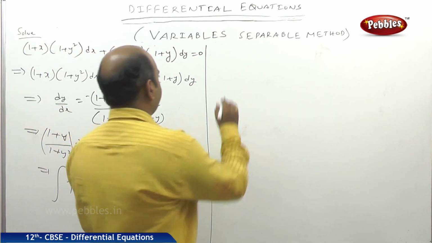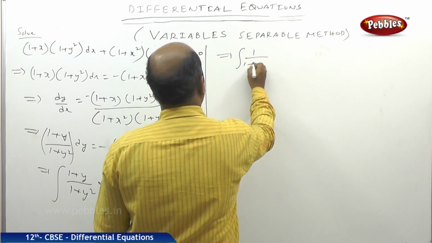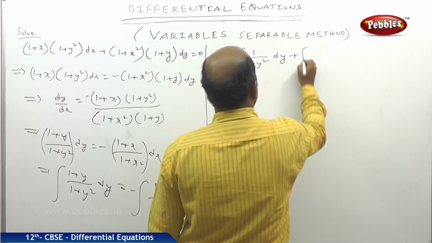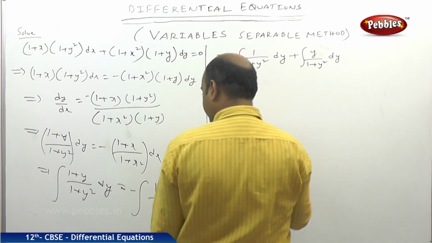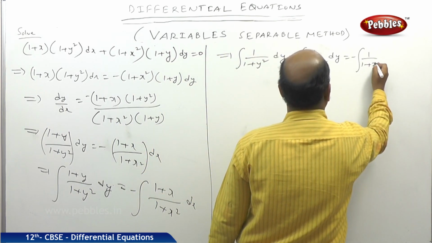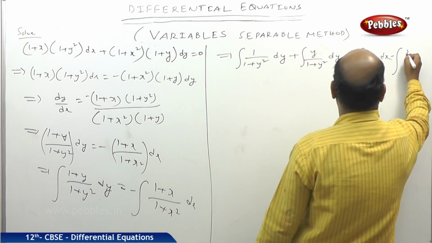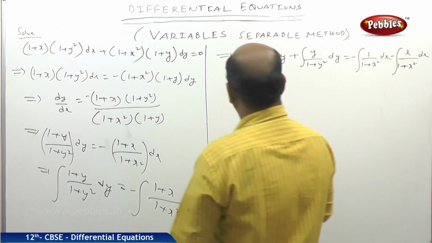So finally, that is equal to the integral of 1/(1 + y²) dy plus the integral of y/(1 + y²) dy is equal to minus the integral of 1/(1 + x²) dx minus the integral of x/(1 + x²) dx.